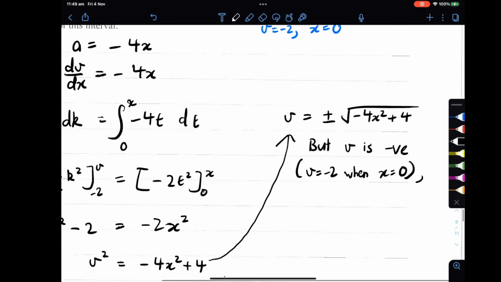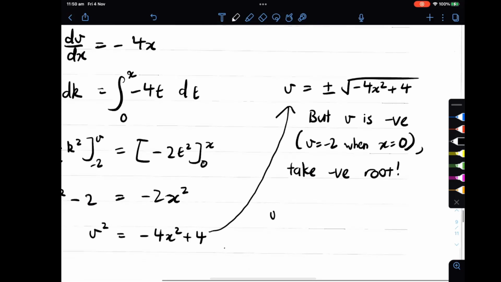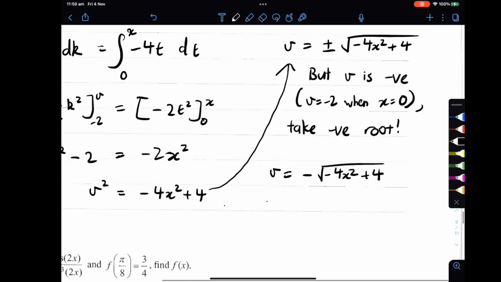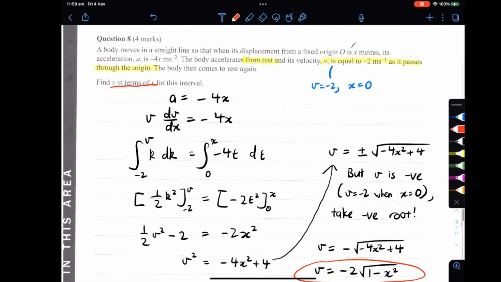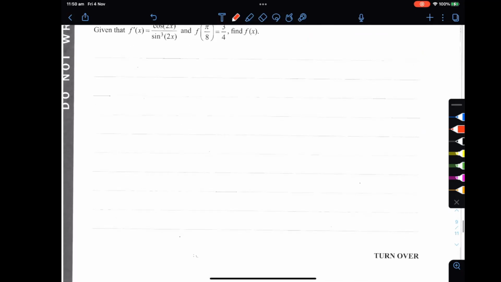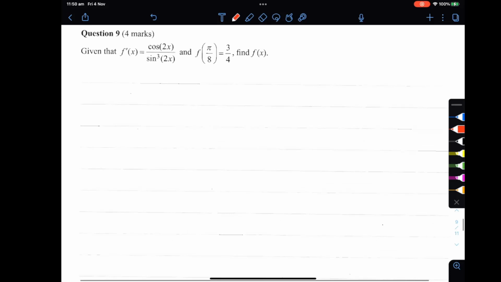So what does that mean? It means we take the negative root, right? So we get negative this here. What we could do as well is take the factor of 4 out and we get 2. So we're going to get negative 2 root of 1 minus x squared. Yep, okay, that's fine.